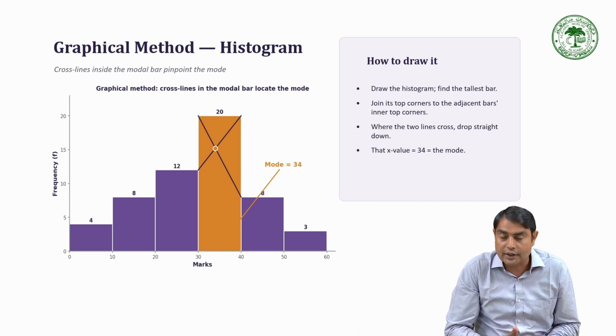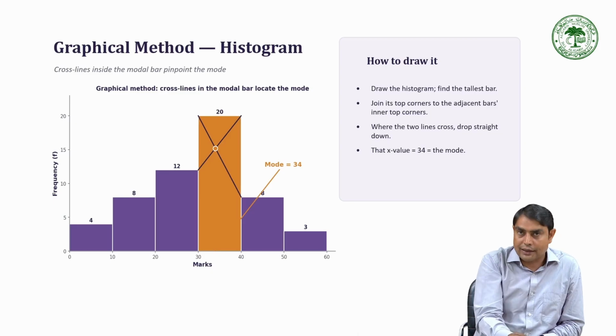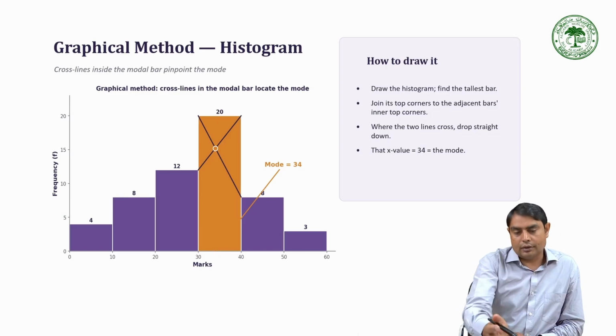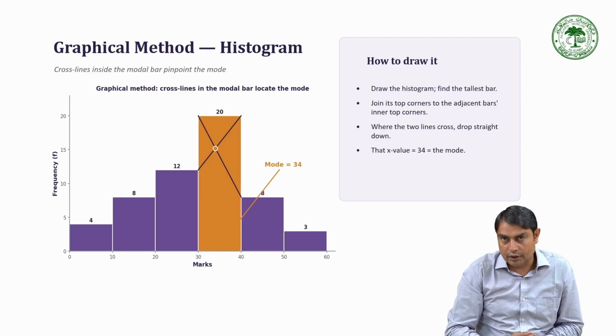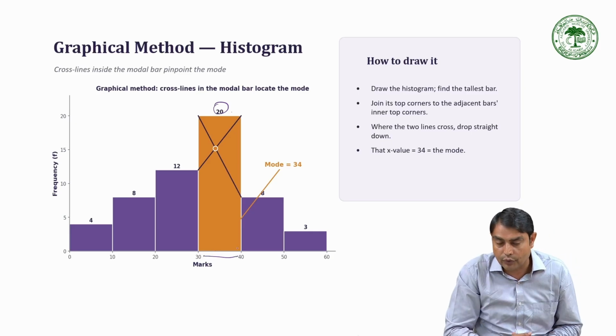These are the frequencies, and I've marked them on the y-axis according to the x-axis, right? And obviously the mode is the highest frequency, which is 20, which lies in the range of 30 to 40.